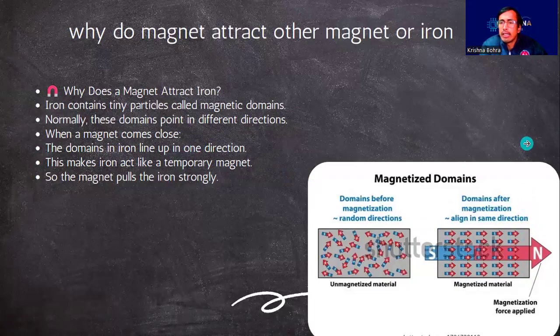One important thing you can note down here is that every magnetic object has two poles, north pole and south pole, but this is by convention. We could have called this pole north instead of south and this pole south instead of north, but we choose this pole north and this pole south by convention.